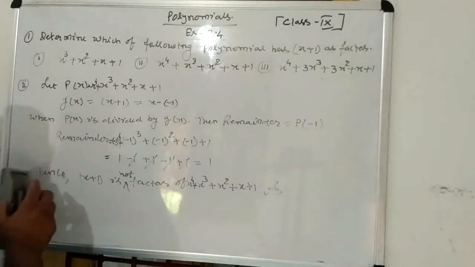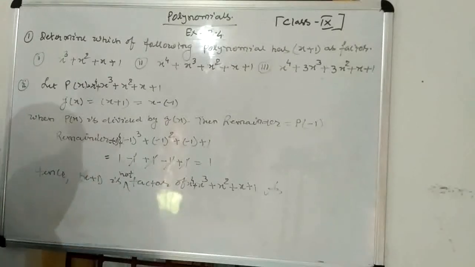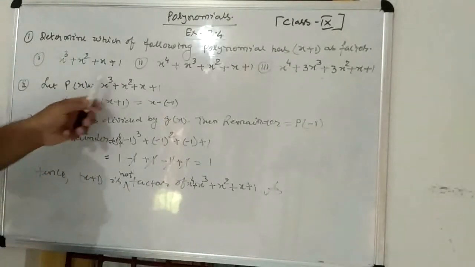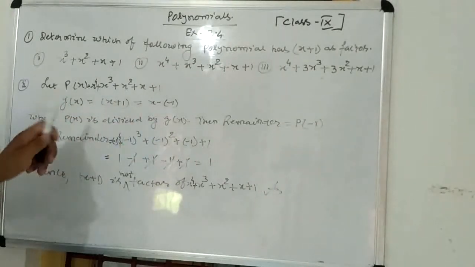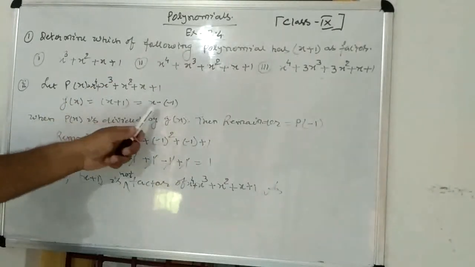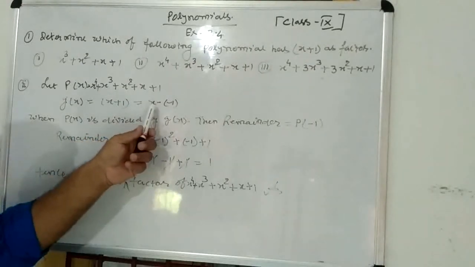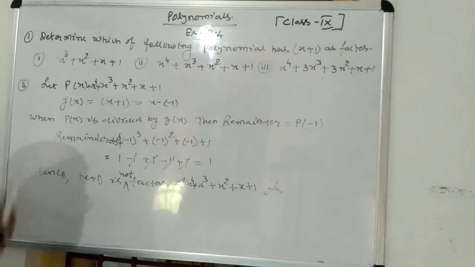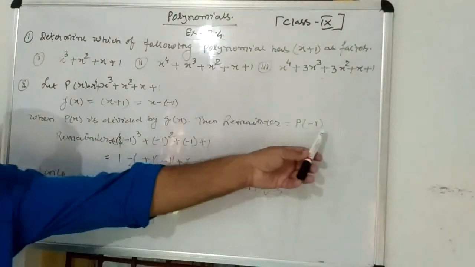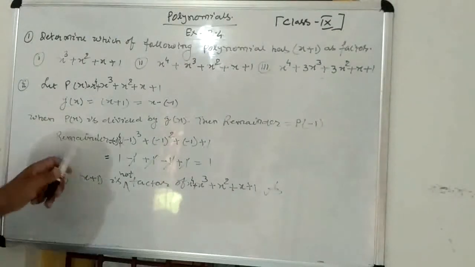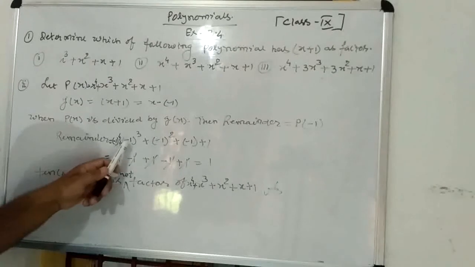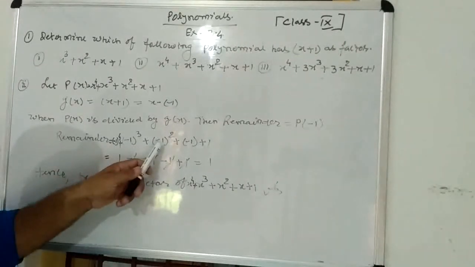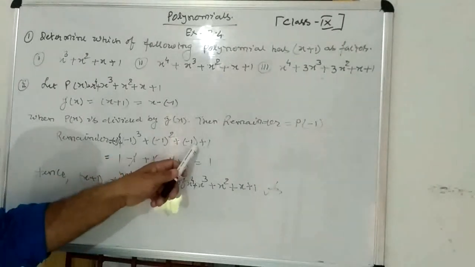I hope that all of you have understood it. Px equals x to the power 4 plus x cube plus x square plus x plus 1, and gx is the same, x plus 1. So you can write it also in the form x minus of minus 1. And when px is divided by gx, then your remainder will be the polynomial of minus 1. So substituting minus 1 for x: minus 1 to the power 4 minus 1 to the power cube plus minus 1 square plus minus 1 plus 1.